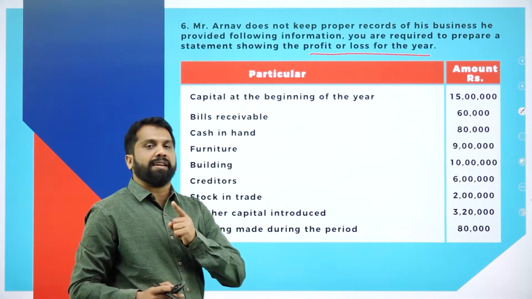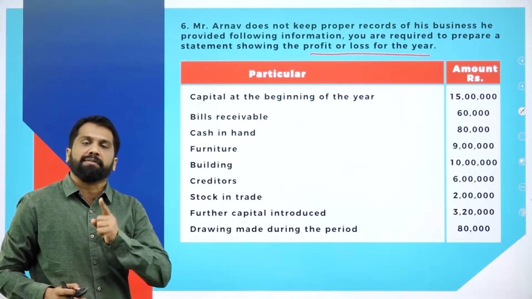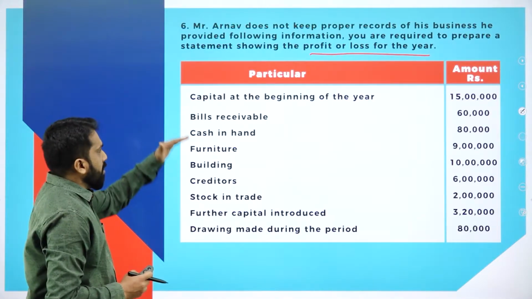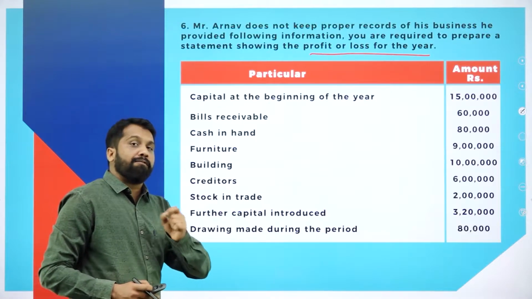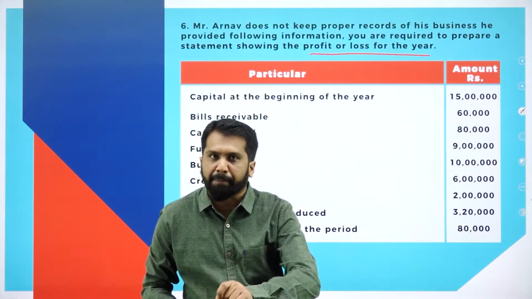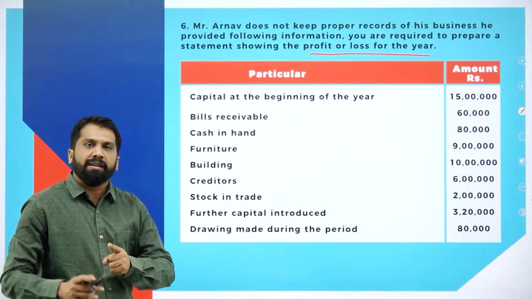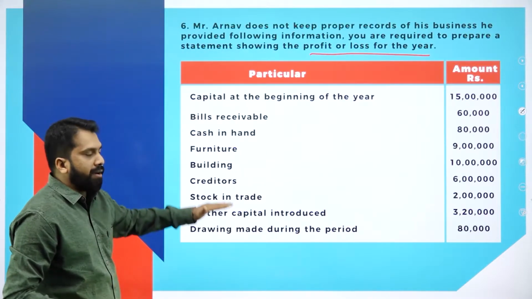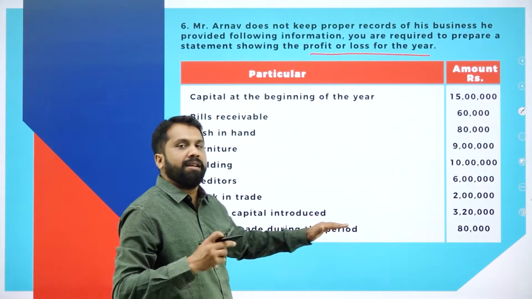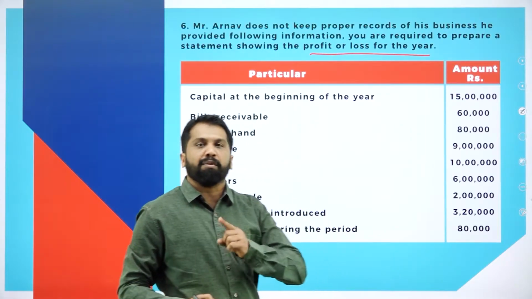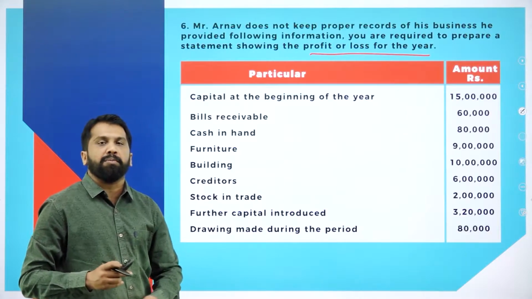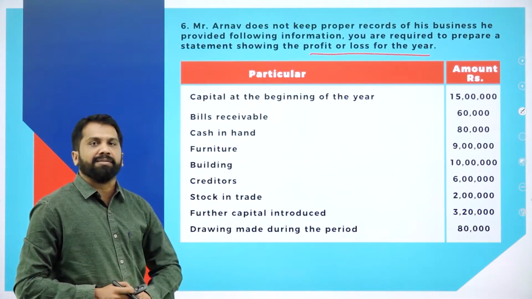If you want to find net profit, you should have closing capital. Now, we don't have closing capital. First, we will find out closing capital. Later, we'll come to the P&L account. Clear? Again, I'll repeat. First, we have to find closing capital. Later, we'll come to the profit and loss account. Hope you are clear with this concept.